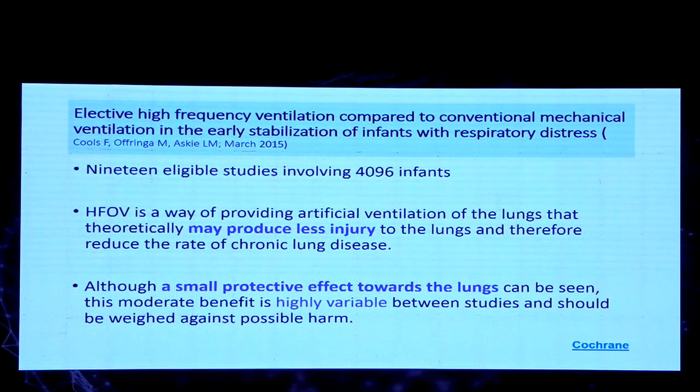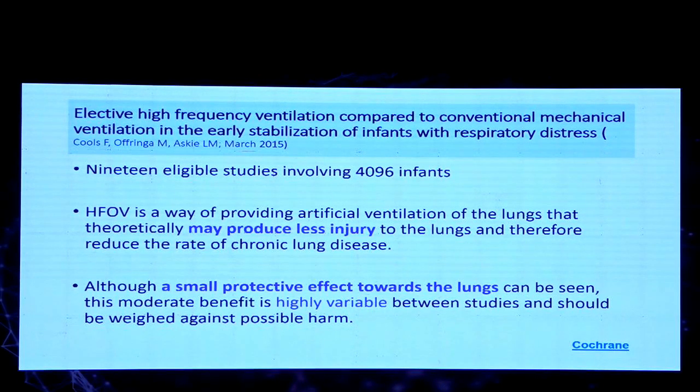The conclusion is that high frequency is a way of providing artificial ventilation of the lungs that theoretically may produce less injury to the lungs and therefore reduce the rate of chronic lung disease. Although a small protective effect towards the lungs can be seen, this moderate benefit is highly variable between studies and should be weighed against possible harm.